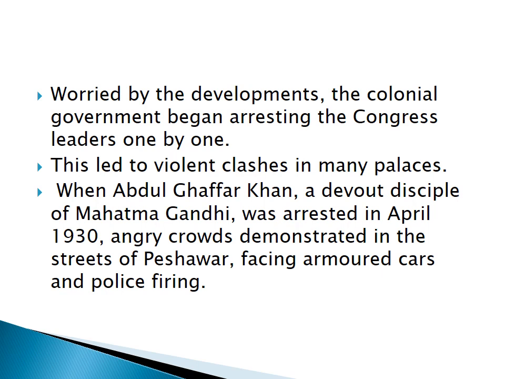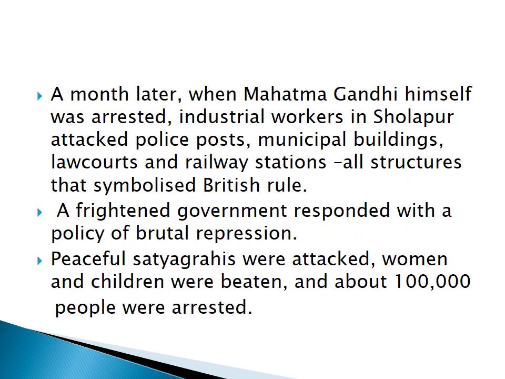Worried by the developments, the colonial government began arresting the Congress leaders one by one. This led to violent clashes in many places. When Abdul Ghaffar Khan, a devout disciple of Mahatma Gandhi, was arrested in April 1930, angry crowds demonstrated in the streets of Peshawar facing armored cars and police firing.